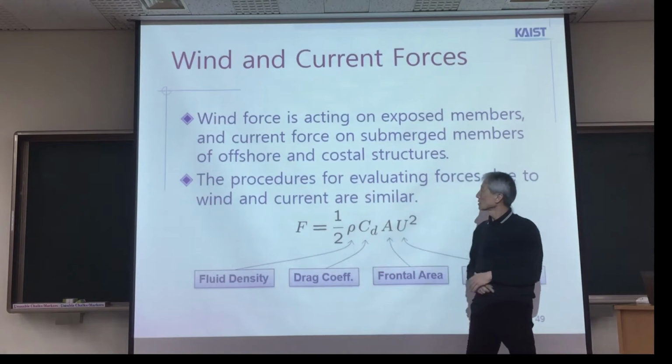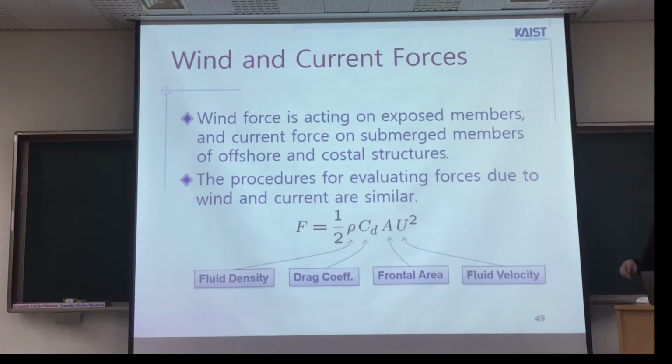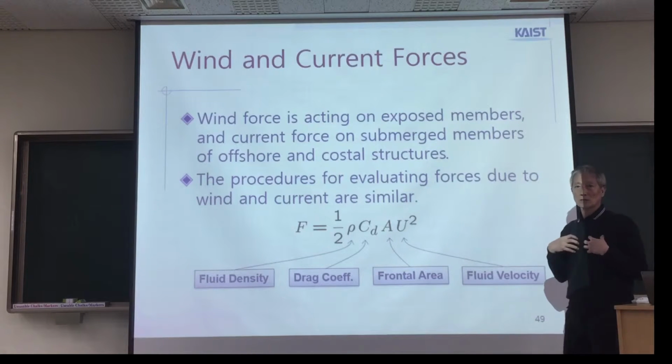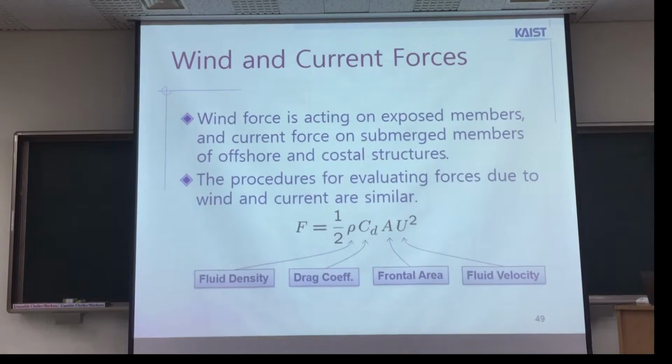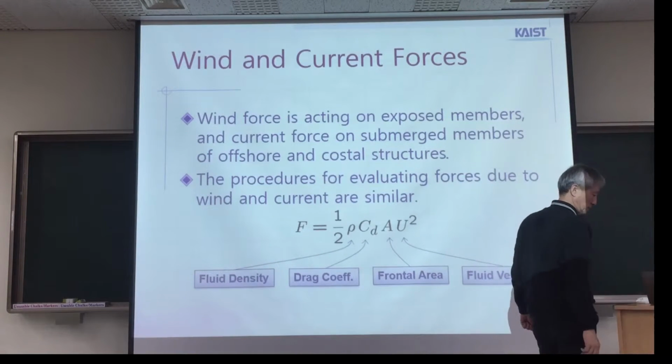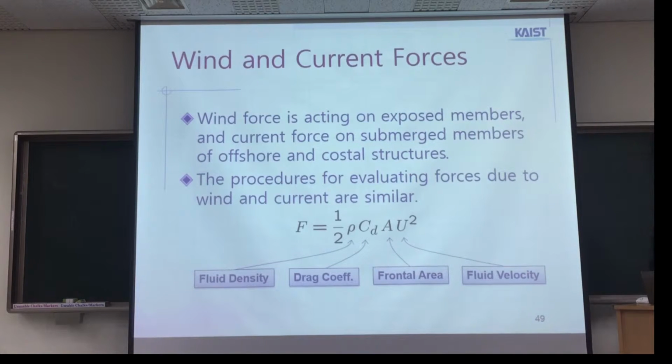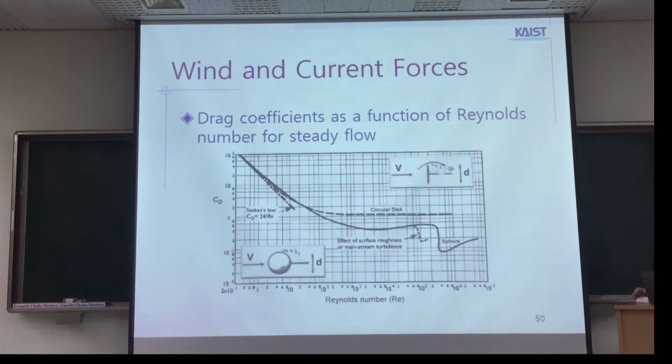And this is a field. So wind and current forces are similar to when you walk in a high wind and also walk inside the water. Current force is coming from the water. So very similar.